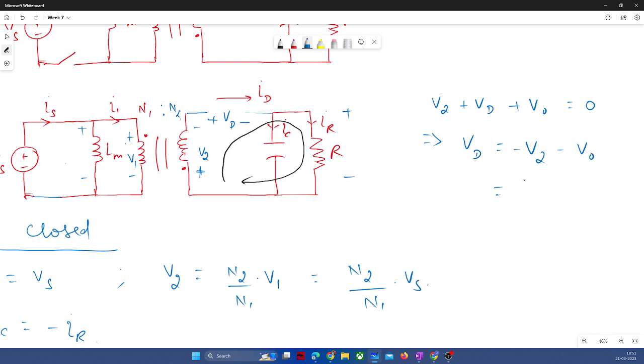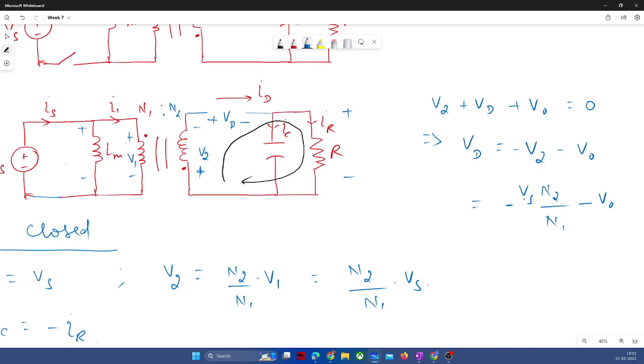and V2 is Vs into N2 by N1, and V0 we will derive from the volt second balance relationship between V0 and Vs. Anyway, that V0 will come positive. So if you see the overall voltage across the diode, it is coming out to be negative, so it means the diode is off. That's one way of indication.